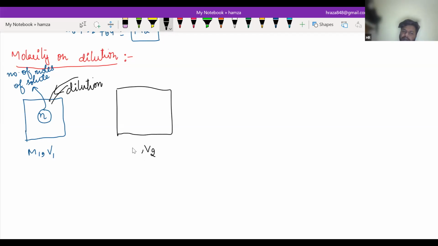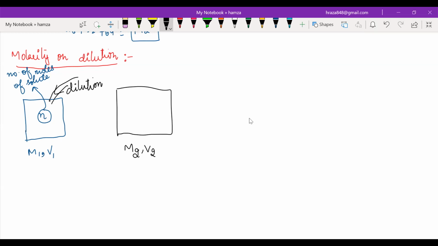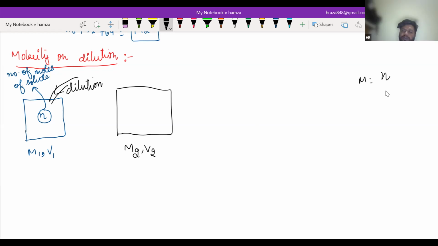So if volume is changing, molarity will also be changed. Yes or no? If volume of solution is changed, molarity will be changed or not? Yes, because molarity is the number of moles of solute upon volume of solution in liter. Initially, if it has volume 2 liter, it will be n by 2 molarity.